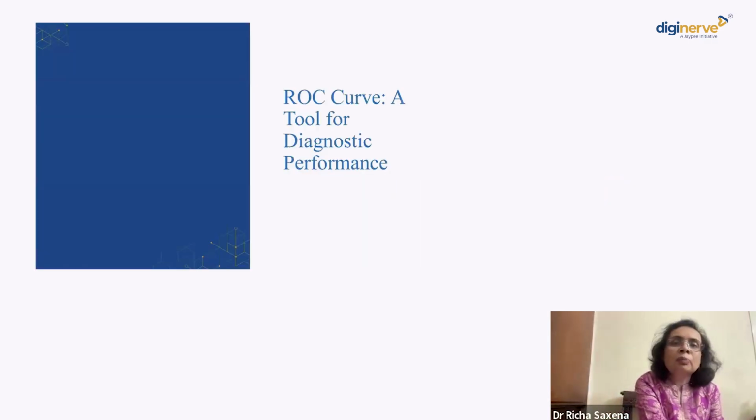So the first topic I've chosen, the high topic, is the ROC curve, because I've realized that lots of students face difficulty in understanding what an ROC curve is. Statistics is something most of us have forgotten at this stage, because we probably read it during our SPM days.